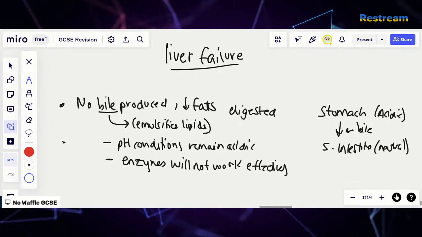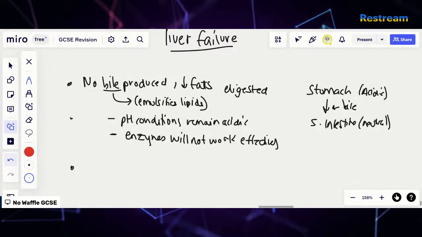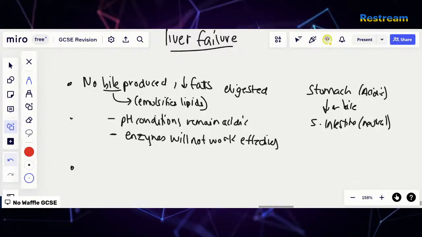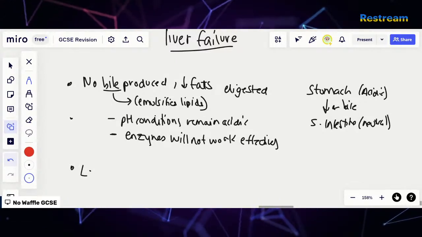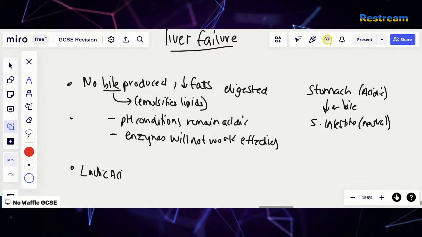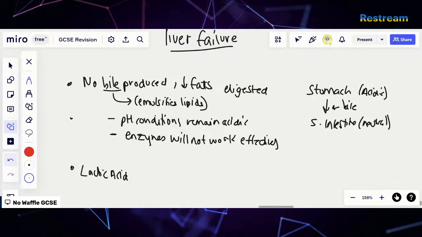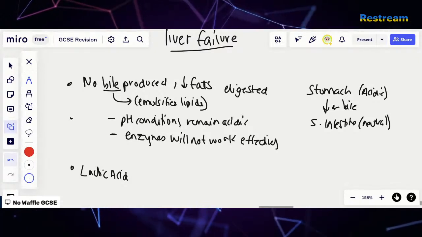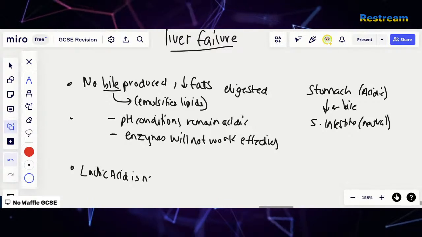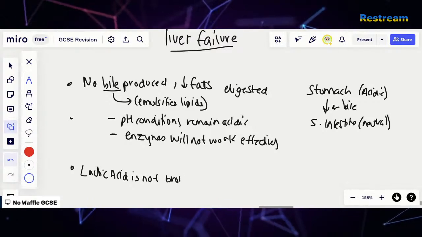Another reason is that lactic acid is produced when you have anaerobic respiration and it goes to the liver. Now, if there is liver failure, then the lactic acid is not broken down.